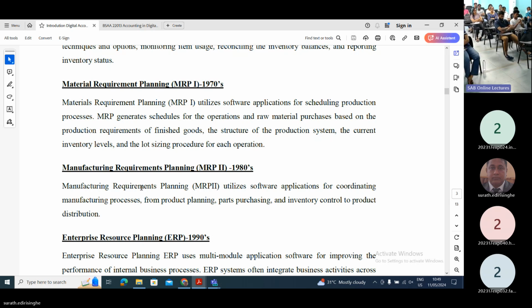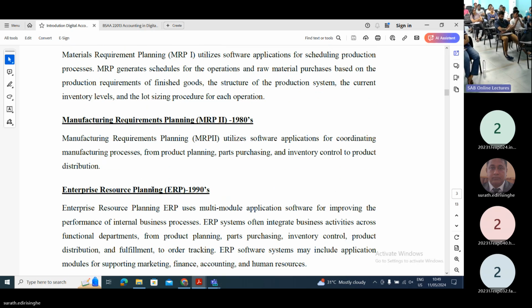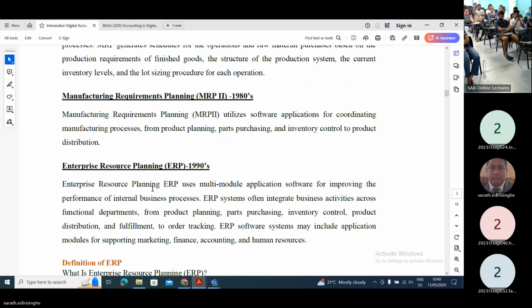Third one, Manufacturing Resource Planning in the 1980 period. This is also software, developed from MRP1. Where does MRP2 start?